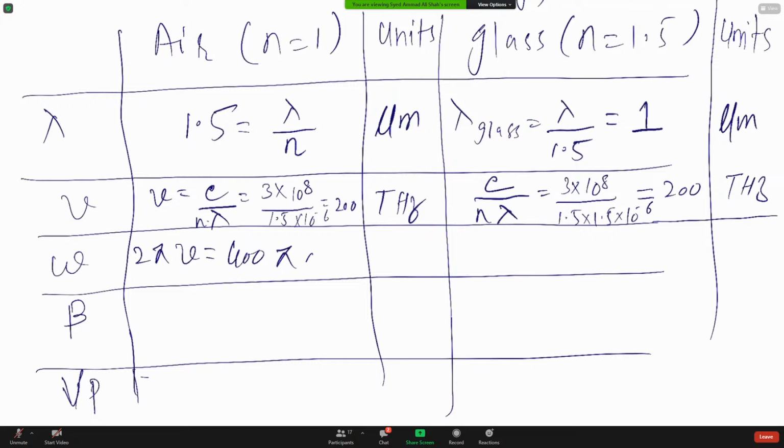What about the propagation constant? What is the formula for propagation constant? 2 pi over lambda? Yes. So, okay, when you have your quiz, just ask your professor whether he is going to give you the formulas.